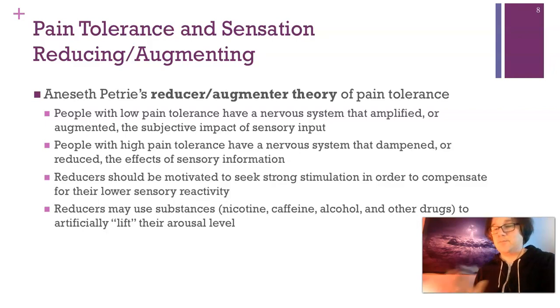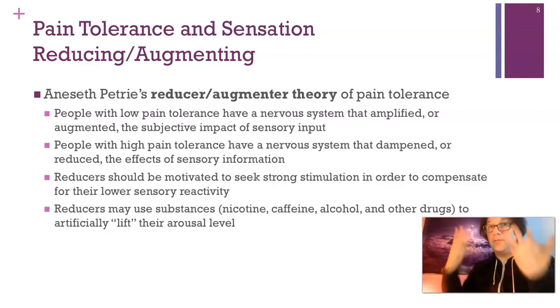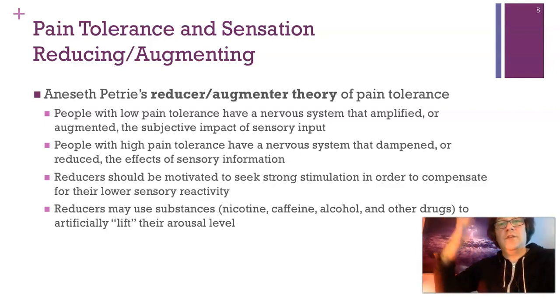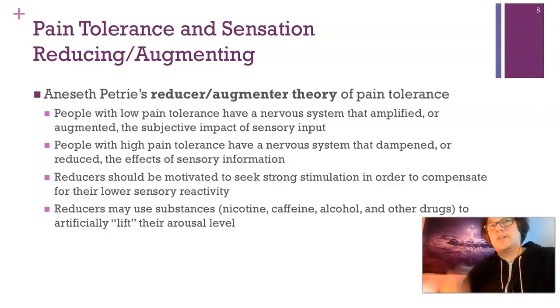So not just from your pain receptors, but from all of your senses. And those who could tolerate pain very well, those who could take a lot of pain without it causing much discomfort, she believed that these people had a nervous system that actually reduced or dampened the sensory inputs to the brain.